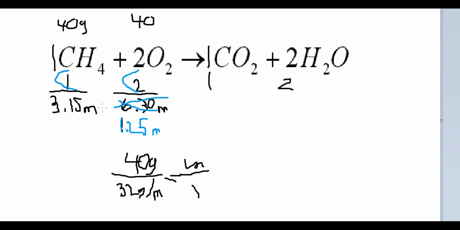This is the ideal and it is less. Therefore, oxygen is the limiting reagent, and the methane is in excess.